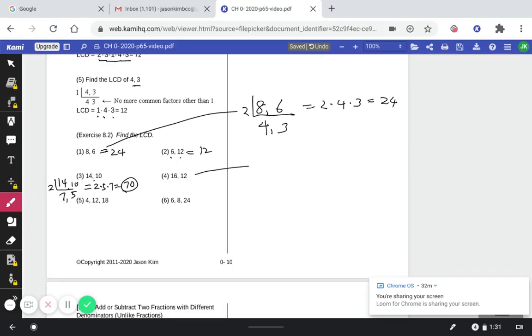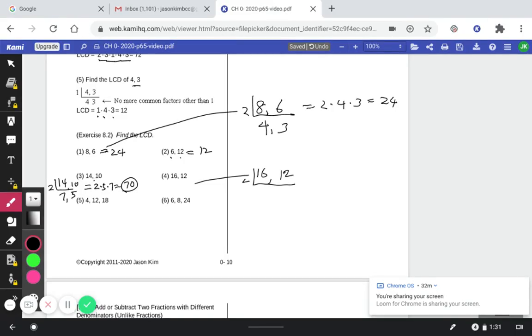16 and 12. Instead of 2, I'm going to use 4 as a common factor because I know both of them have 4.